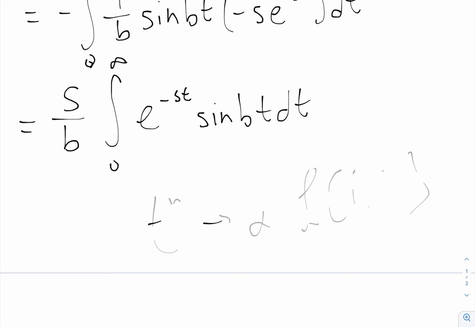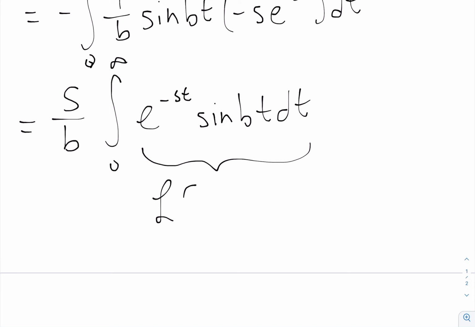We had 0 for our limit of uv, so that went away, and we were left with this integral, and some constant out front. Right here is the Laplace transform of sine bt. So we took the Laplace transform of cosine, and we got a term out front times the Laplace transform of sine bt. That's kind of interesting.